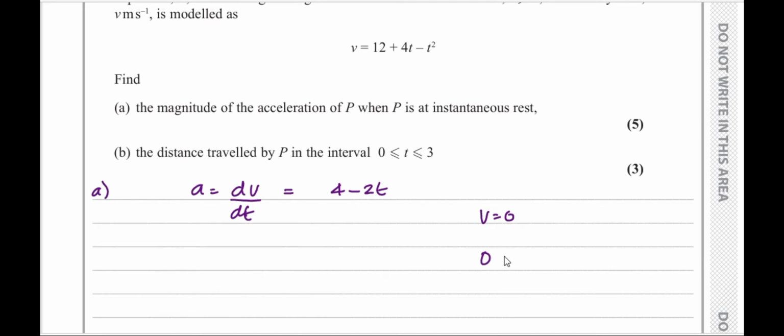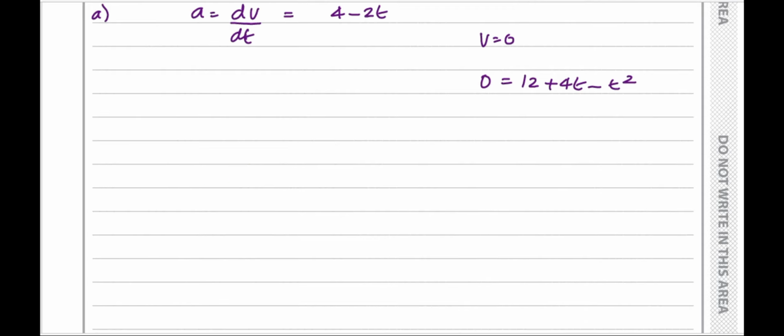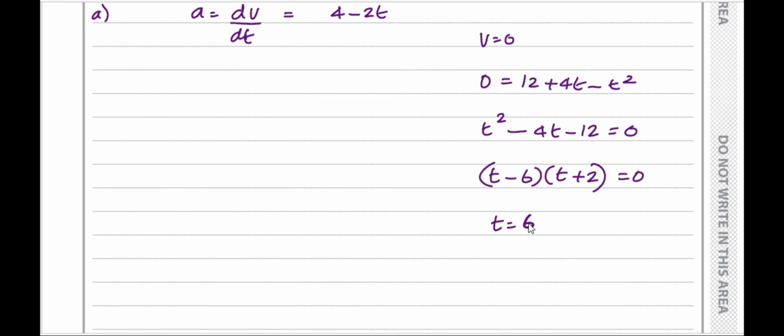We can say 0 equals 12 plus 4t minus t squared, which can be rewritten as t squared minus 4t minus 12 equal to 0, and therefore it is t minus 6 times t plus 2 equal to 0. Therefore, t should be either 6 or t should be equal to minus 2, which is not practical. Therefore, we reject that. t cannot be negative. So, t is equal to 6 seconds.